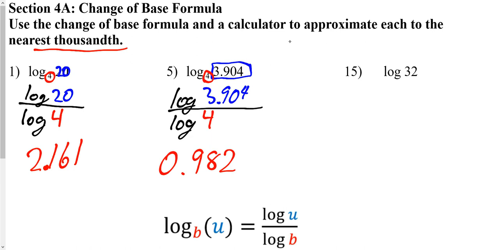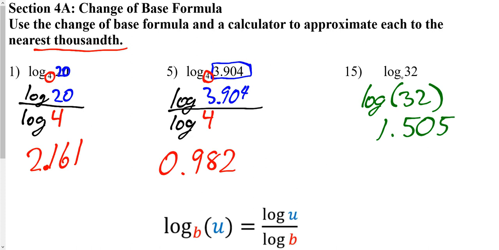Now, you will notice over here that there's no base written. It's already base 10, so we don't have to do the change of base formula. We can just type into our calculator log of 32, because it's already base 10 and common log, which your calculator can handle and likes to handle. If it was a different base other than base 10, then you'd have to use your change of base formula.